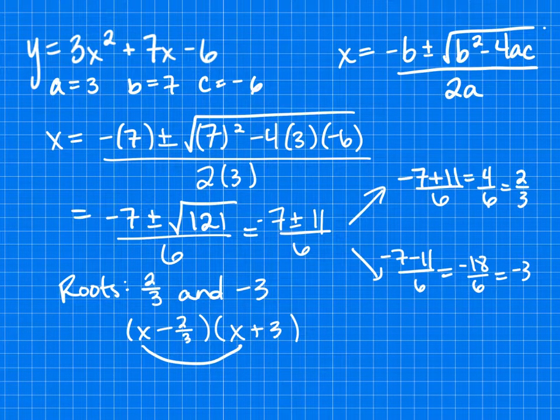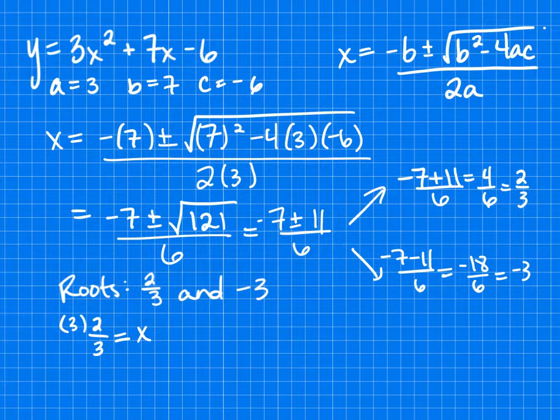So what we can do when we've used the quadratic formula to find the factored form is to set each root equal to x and then get it all equal to 0. So we multiply, like the 2/3 equals x, we multiply each side by 3. So we have 2 equals 3x, or x times 3. Subtract 2, and so we end up with 0 equals 3x minus 2.